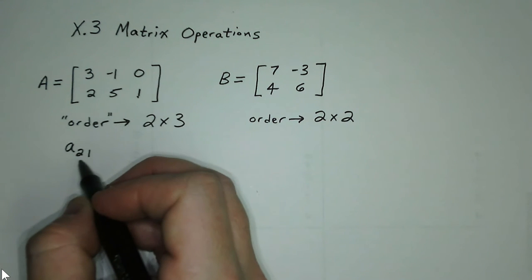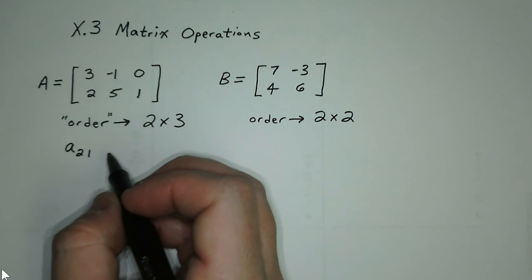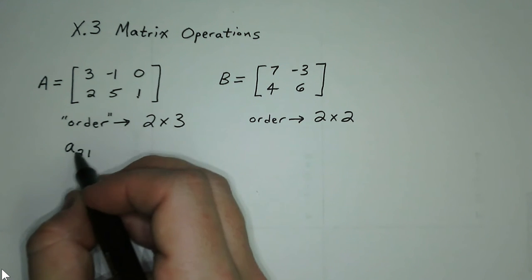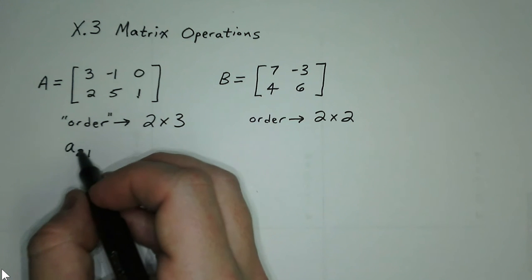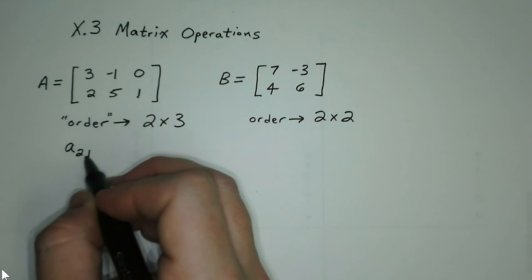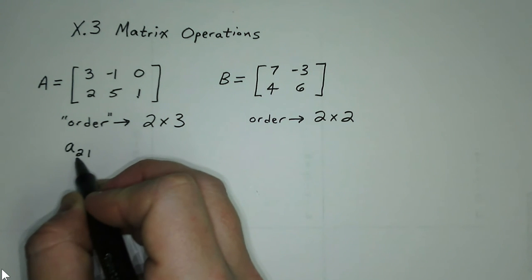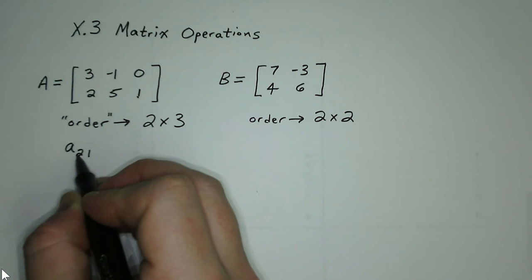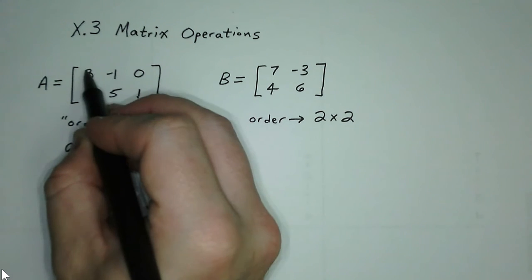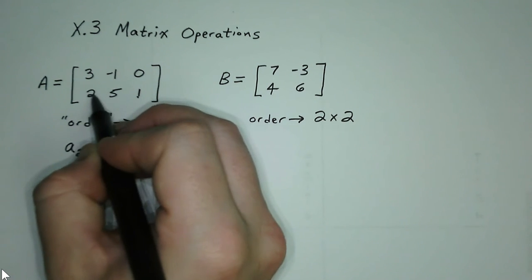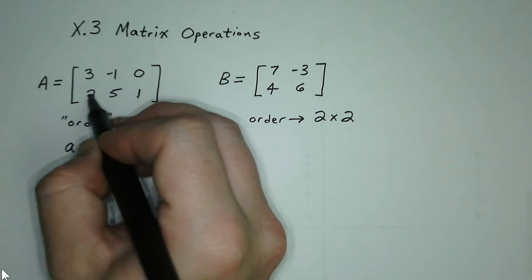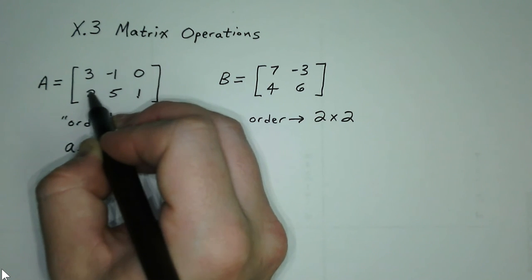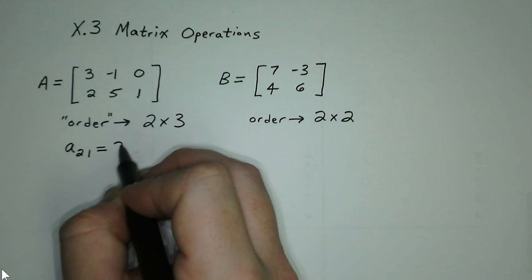Now that might look like A sub 21 on the surface, but what this says is A sub 2, 1, the element in row 2, column 1. So row 2 is right here. Column 1 is right here. So in the row 2, column 1 position is that 2.